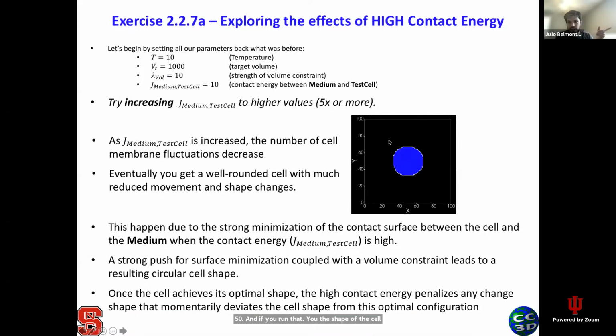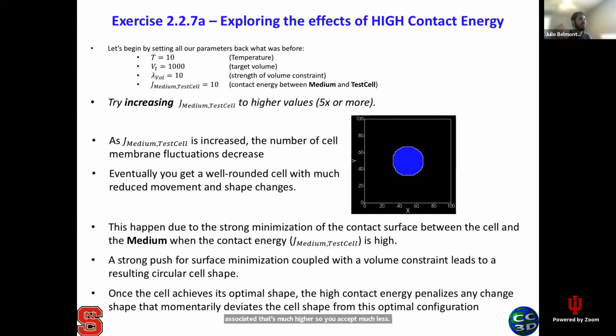You get a perfect rounded cell, but the number of membrane fluctuations decreases. You have much fewer side changes because each change that you have is highly costly, because the energy associated with that is much higher, so you accept much fewer flips than you had before.